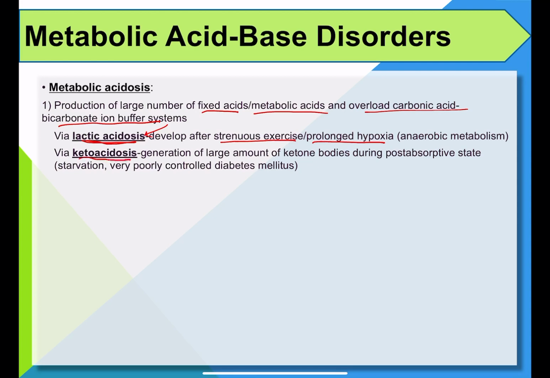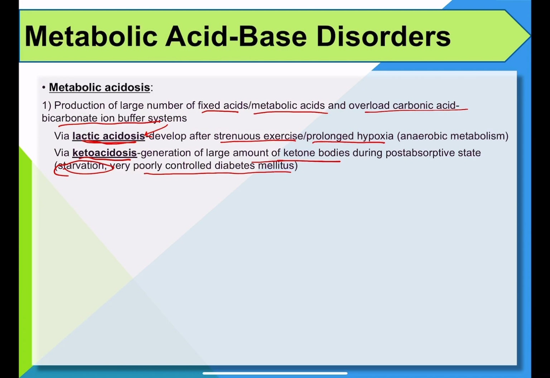Ketoacidosis is when you have generation of a large amount of ketone bodies, and as I said, when you have starvation, not just starving yourself for a meal or two, I'm talking about chronic starvation, or poorly controlled diabetes mellitus, it will also lead to ketoacidosis. Remember, diabetes mellitus has to do with blood glucose metabolism.